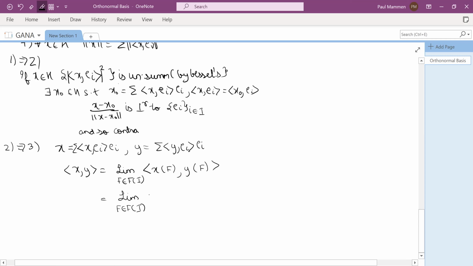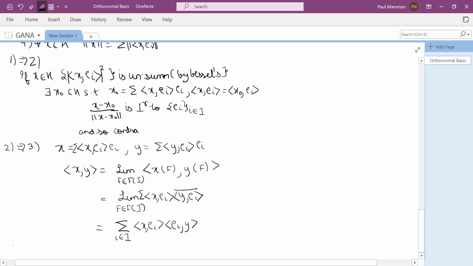Again, now since we have the orthonormal basis, it's going to be the sum, which is just going to be the sum since we know that y comma a_i bar is equal to e_i comma y, where i belongs to I. And so 2 implies 3.